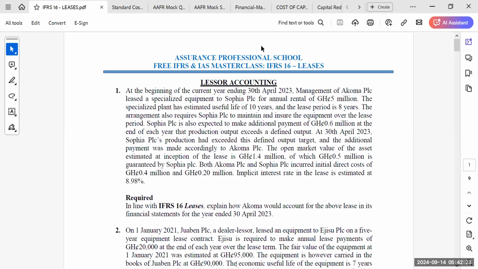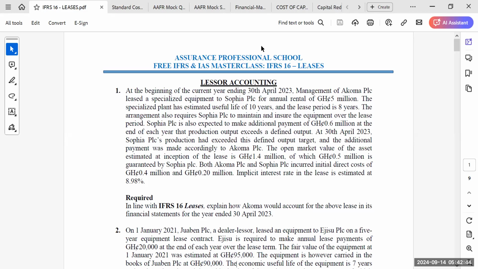The lease period is 8 years. Okay, this will always be in arrears. If nothing has been said, it will be in arrears.